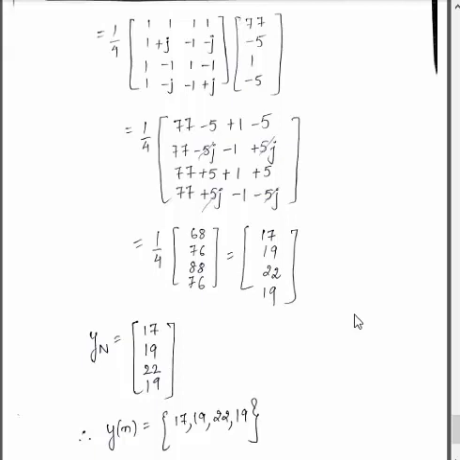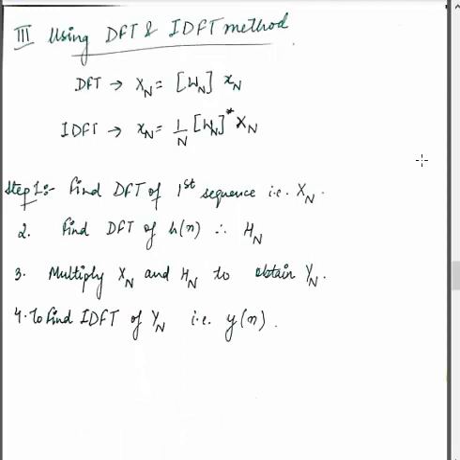DFT is the discrete Fourier transform. These are the main steps to perform the third method, that is DFT and IDFT. First, find out the DFT of the first sequence, whether it is x of n, h of n or any other. In this case we assume x of n.